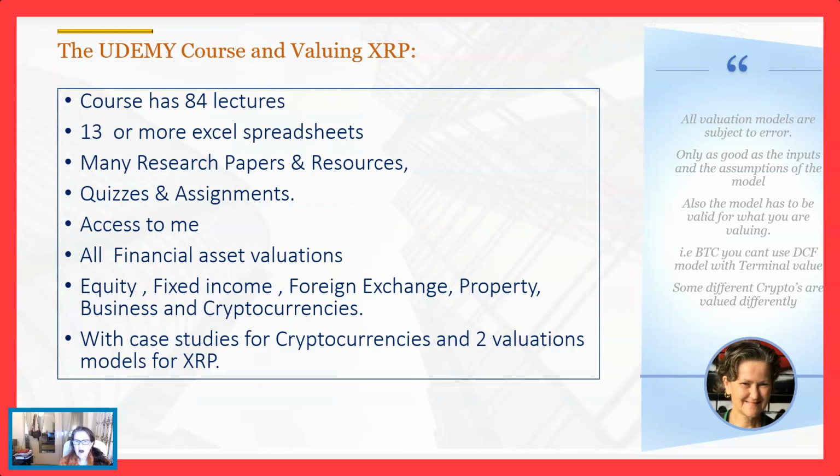Now what I mean by different valuation models, say if you're looking at Bitcoin, you wouldn't use a discounted cash flow model with Bitcoin or the terminal value like you would with, say, Ripple XRP, okay? Because they're very different cryptocurrencies with different ecosystems, completely different type of client base.